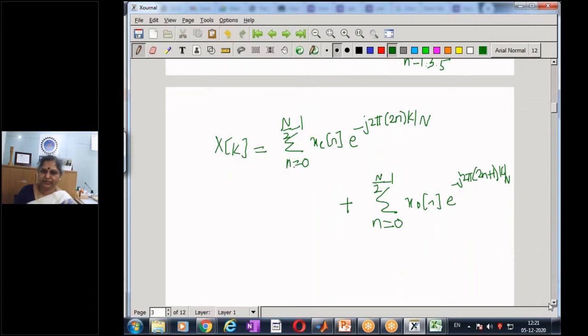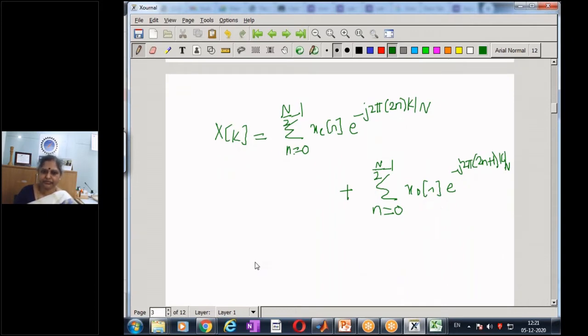So next, I have the summation n equal to 0 to N by 2 minus 1 x even of n e to the power of minus j 2 pi nk by, instead of having 2n, I will make my denominator N by 2. I have not done anything; I have taken the 2 and brought it down here.